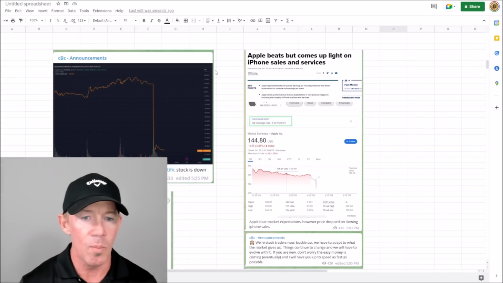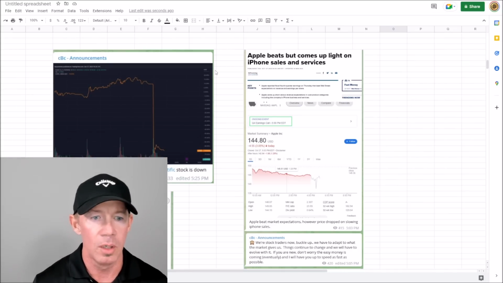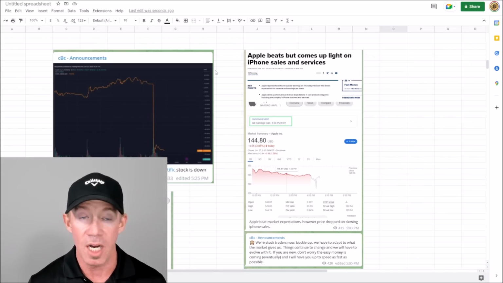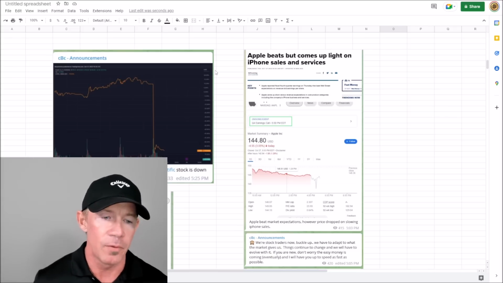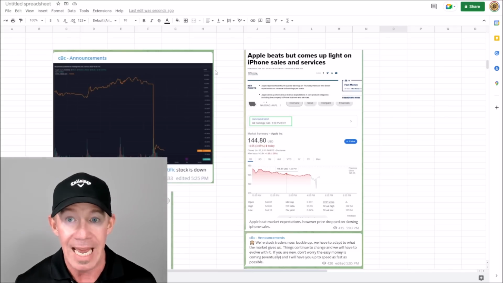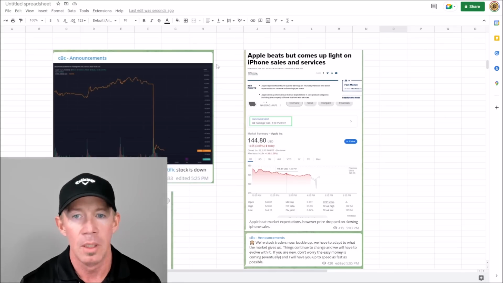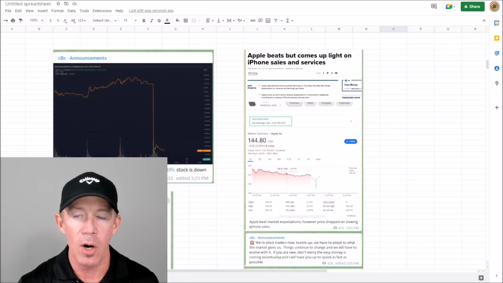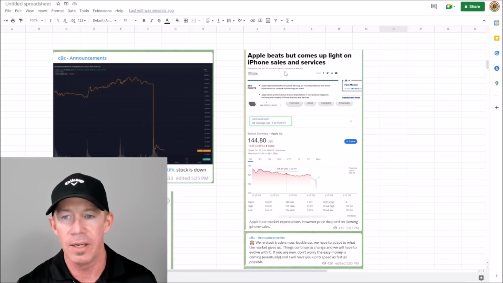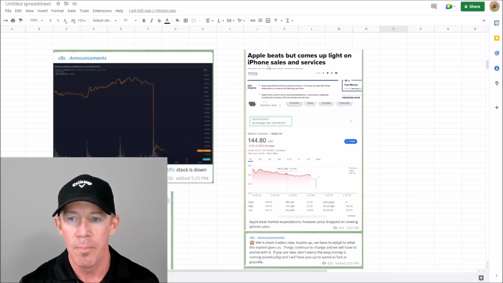I get home from a trip to the grocery store and earnings, which we talked about in previous videos, came out for Meta, Amazon, and Apple as well. Apple beat market estimates, but they're saying they're going to make fewer iPhones because of what's happening.